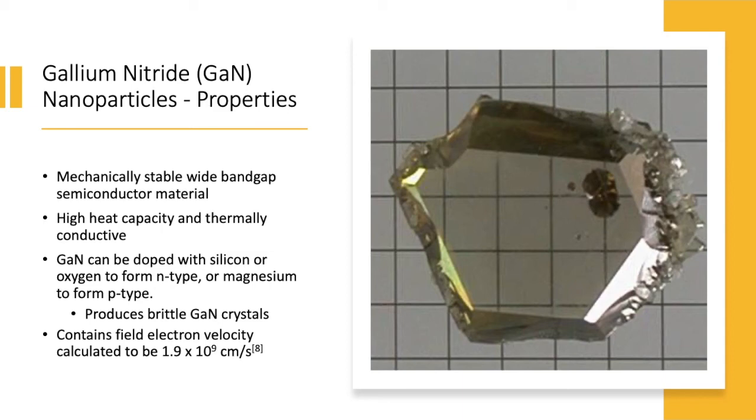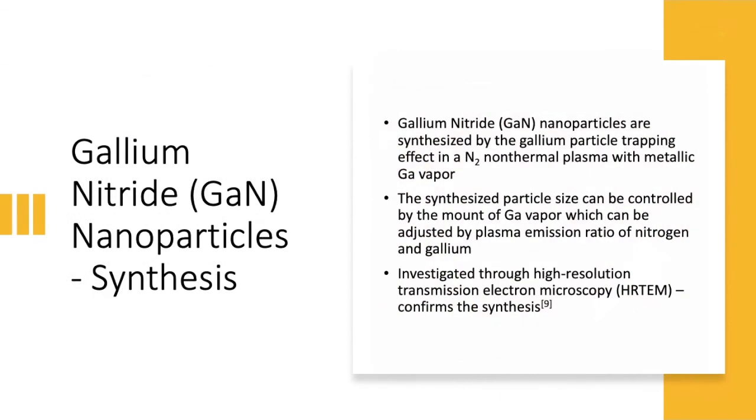The result of this is that it produces a brittle GaN crystal, so it's not particularly favored, since we obviously don't want a brittle crystal. This contains a field electron velocity calculated to be 1.9 times 10 to the 9th centimeters per second.